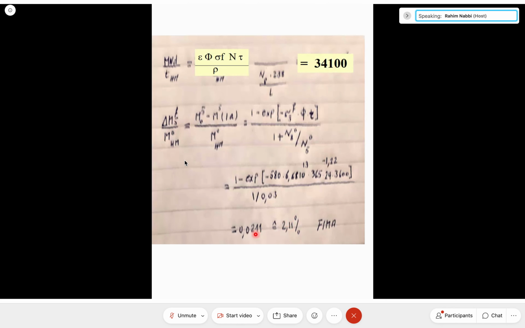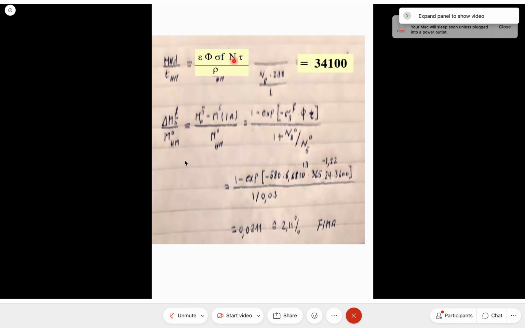So the reason is, here is something different. Why? Because this way of calculating megawatt day per ton assumes that the flux is constant, sigma is constant, N is constant, and it is calculated according to the initial value.